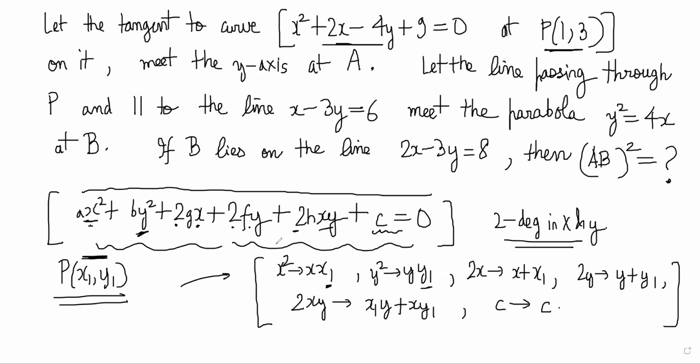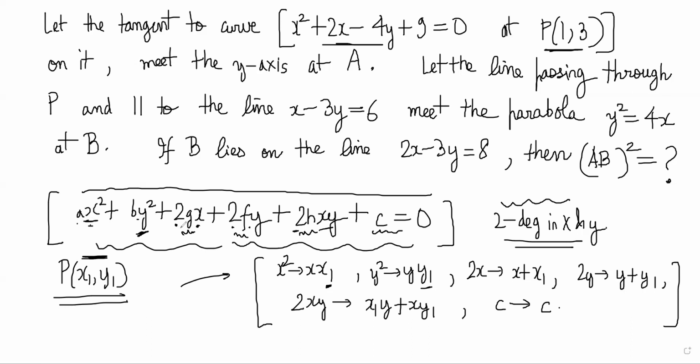Yes sir, I understood now. Sir, what is F, G, and H? F, G, and H are constants for the curve. You have never seen a 2D curve in x and y as coordinate geometry. Sir, I don't remember. F, G, and H are the constants which are telling us the equation of the curve.